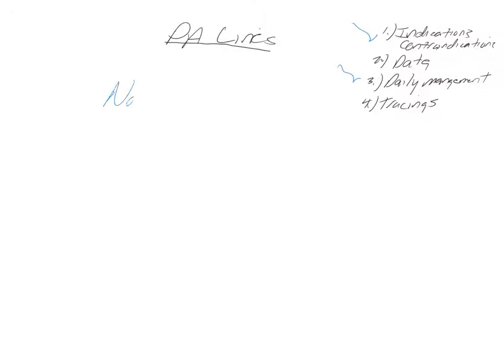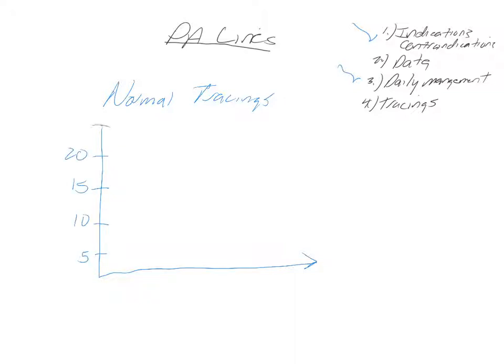Alright, let's start off by reviewing normal PA line tracings. We've already talked about normal PA pressures, and they typically range from 5 to 25.